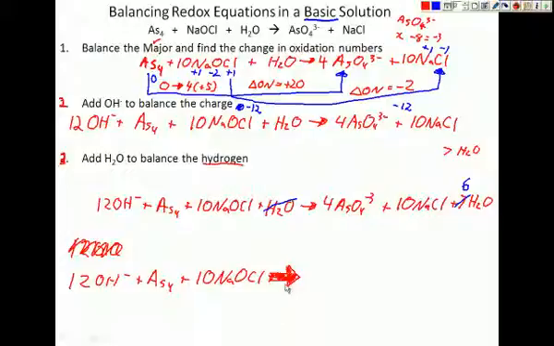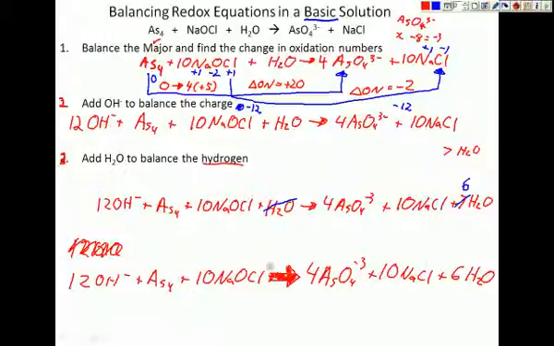And so that's our reactants. 4 AsO4 3 minus plus 10 NaCl plus 6 water.